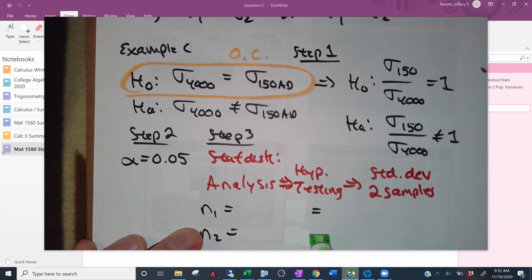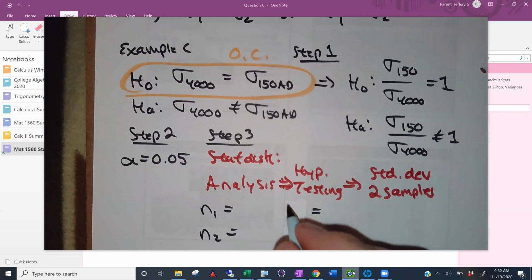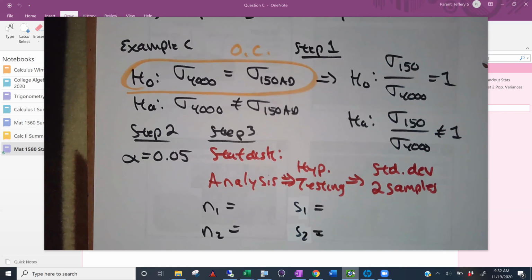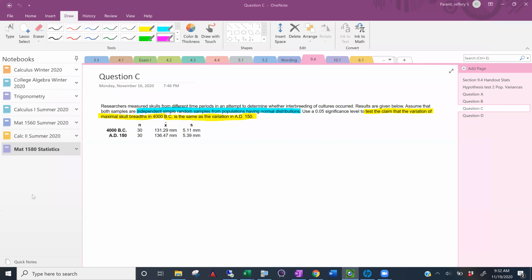S1 and S2. Because you're dealing with sample standard deviations, not population standard deviations. Now, I think both sample sizes were 30. So N1 and N2 are 30. S1 is 5.11 and S2 is 5.39. With that, let's go over to StatDisk.